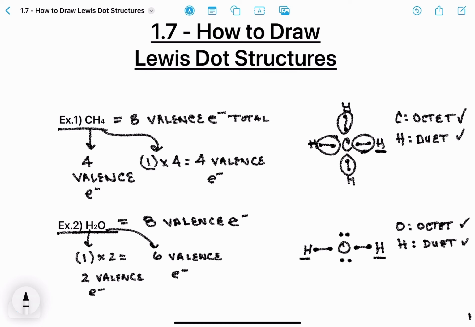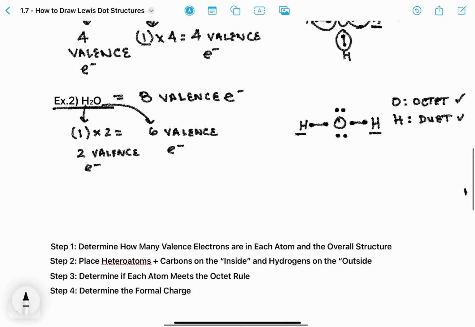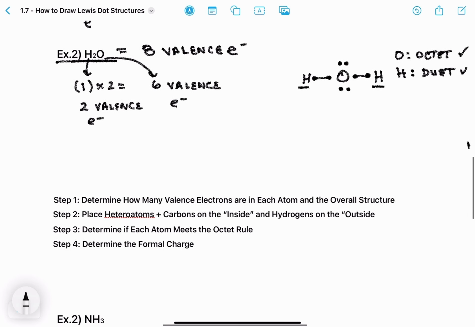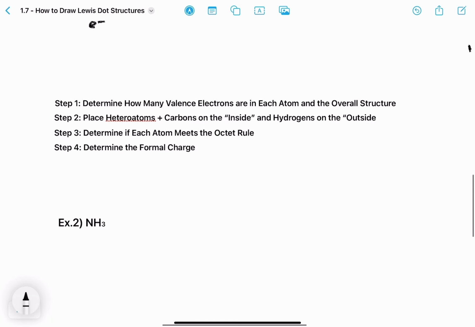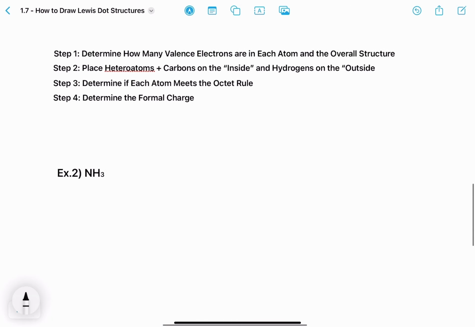Now, I like to make rules that we can follow on each problem regardless of the specific situation. The first step in drawing a Lewis structure is to determine how many valence electrons are in each atom and in the overall structure. We'll take nitrogen as an example to follow these steps.